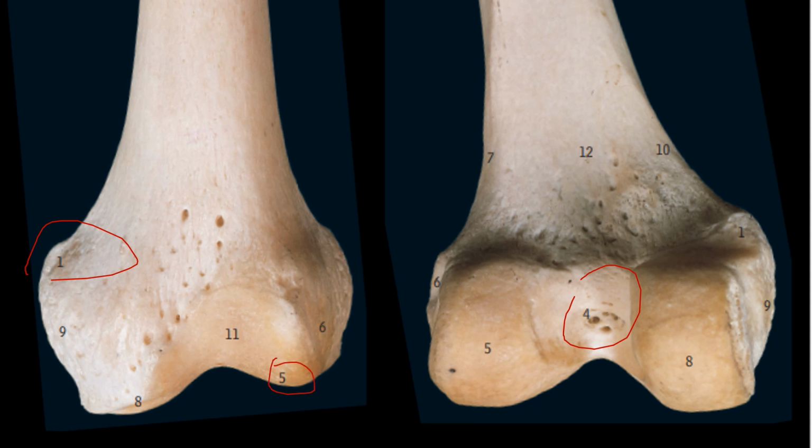Sixth one is the lateral epicondyle. Seventh is the lateral supracondylar line. Eighth is the medial condyle. Ninth is the medial epicondyle. Tenth is the medial supracondylar line. And eleventh is the patellar surface. The twelfth is the popliteal surface.